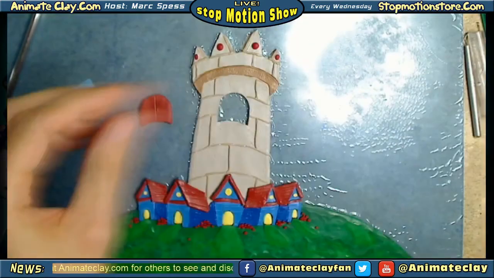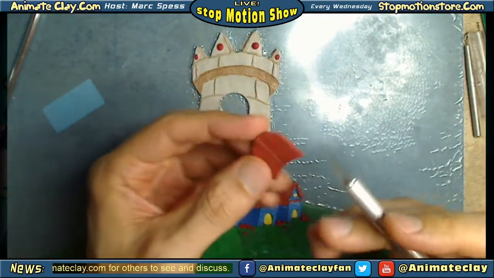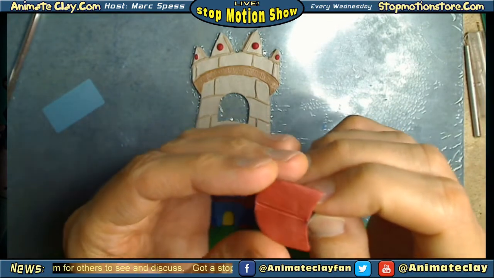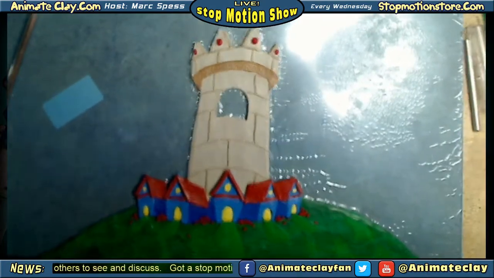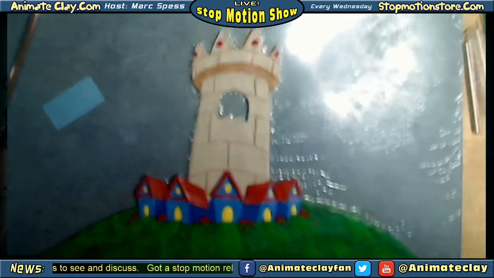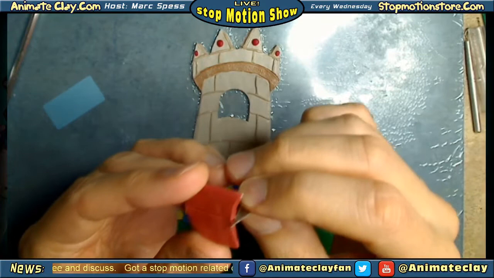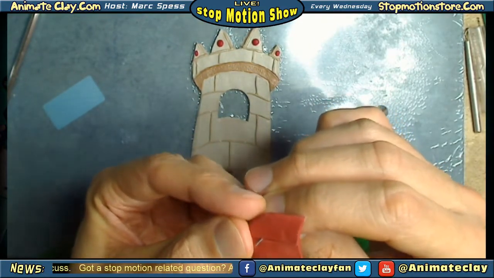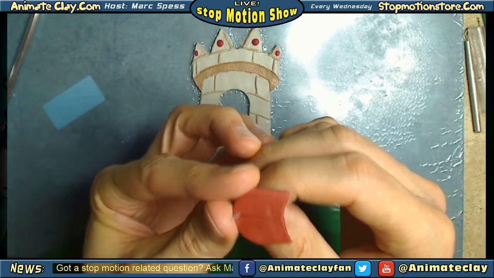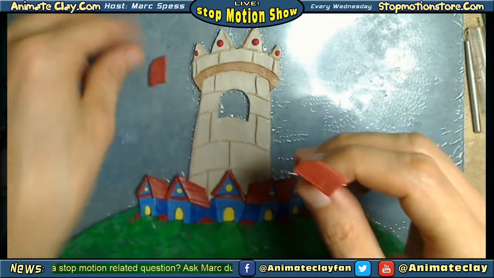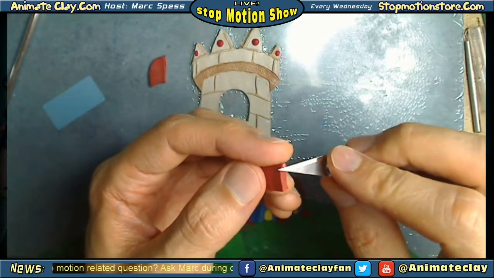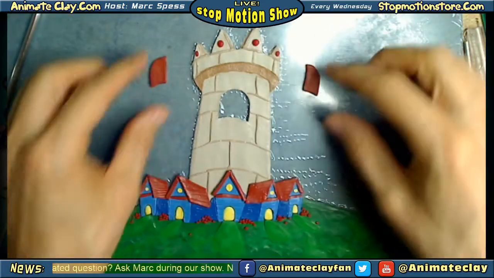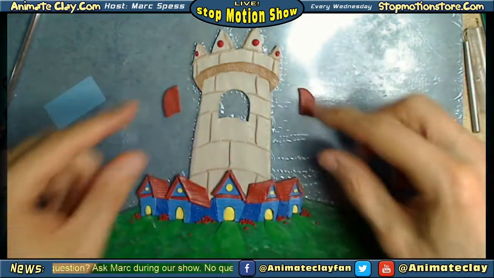So what I'm going to do is just cut this in half with a knife. On my clay and glass rig or table setup, I don't know if you want to really call it a rig, I'm going to animate these opening, because I tried to figure out, if I just made everything flat like this, how would I animate it?